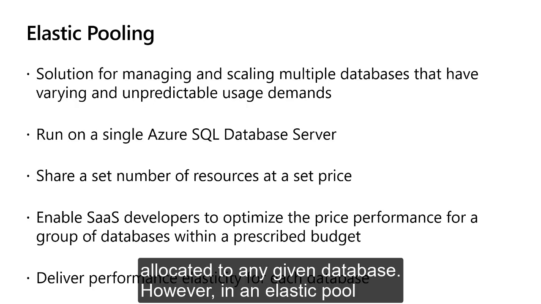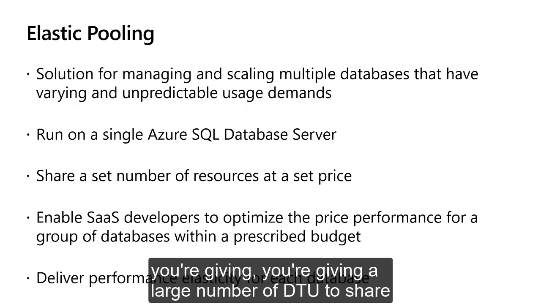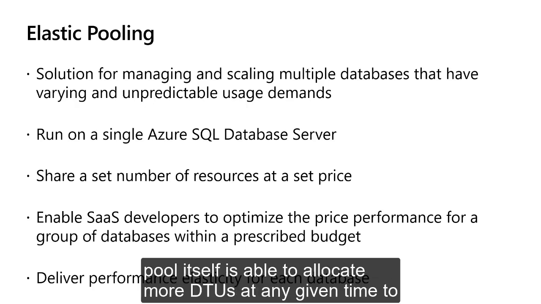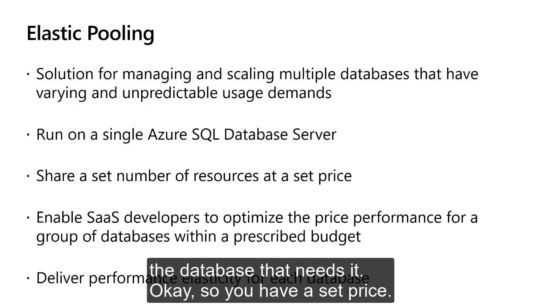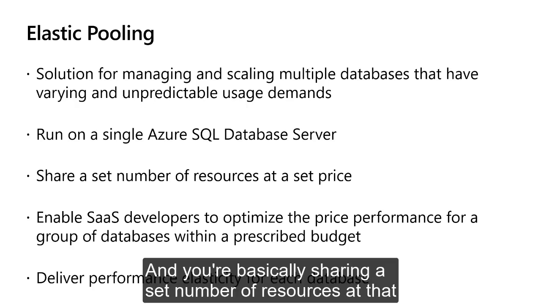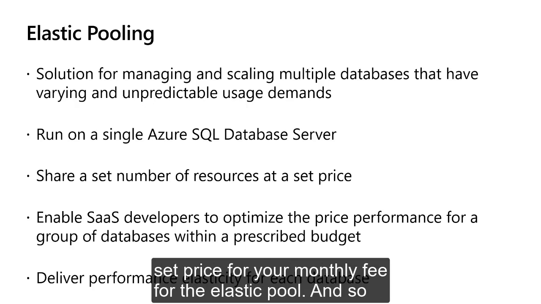However, in an elastic pool, you're given a large number of DTUs to share across a number of databases. And essentially, the elastic pool itself is able to allocate more DTUs at any given time to the database that needs it. Okay, so you have a set price, and you're basically sharing a set number of resources at that set price for your monthly fee for the elastic pool.